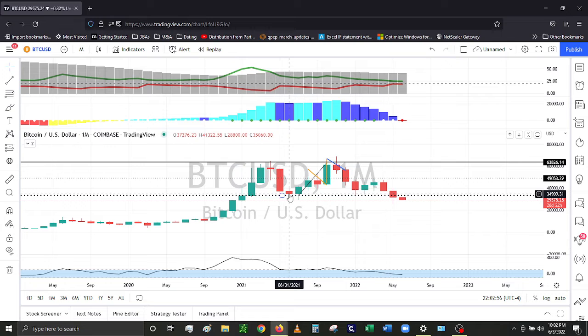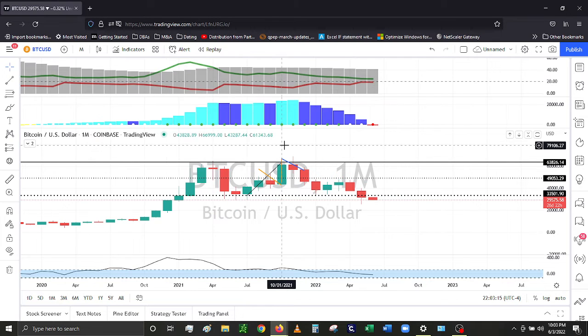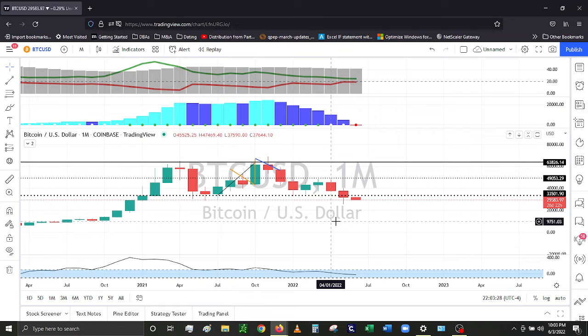After wave 5 in an Elliott wave, it's going to reverse for correction, and what you see here is pretty textbook as well, because these waves, the A, B, C style, as you can see here, are pretty textbook.